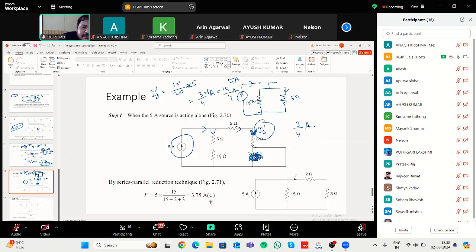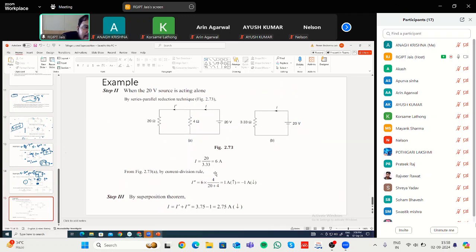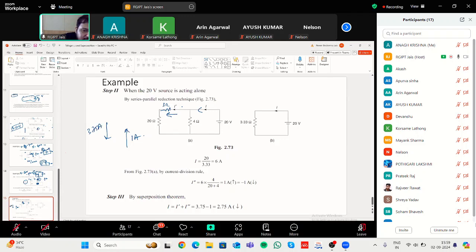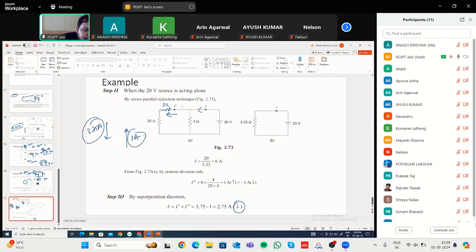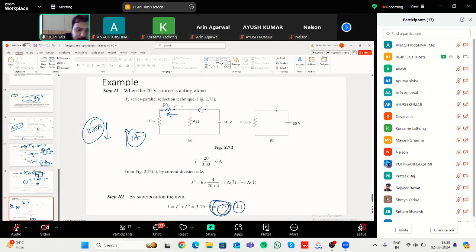Here the current was flowing like this, through the 3 ohm resistance, from bottom to top, and it is 1 ampere. In the previous case, top to bottom, it is 3.75 ampere. If you take the difference, it will be in the downward direction because 3.75 is greater than 1. So the net current will be 2.75.